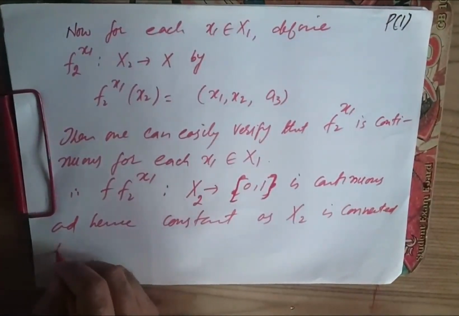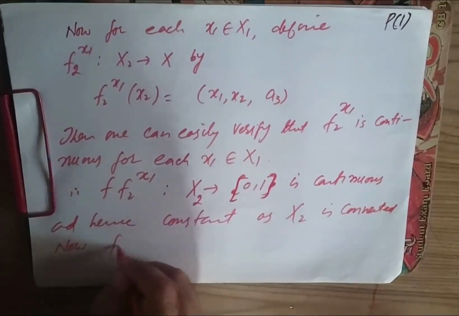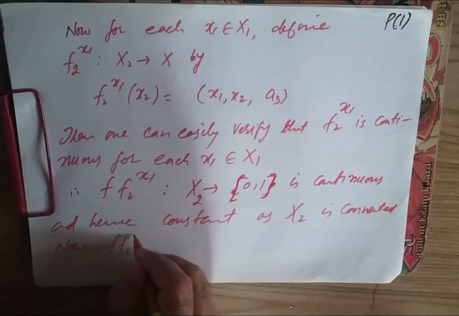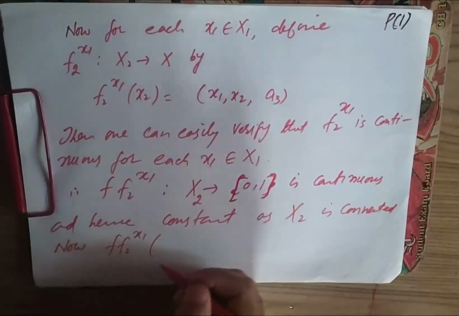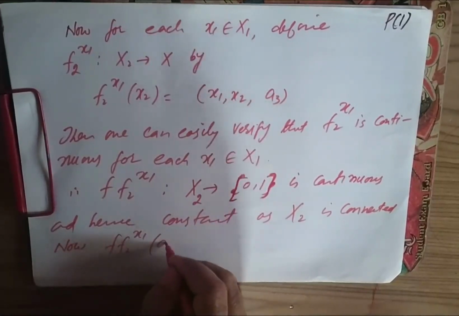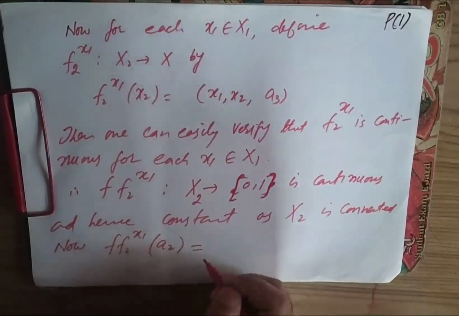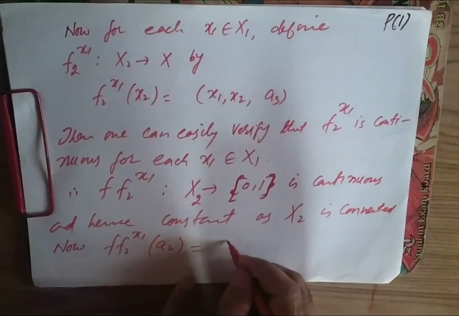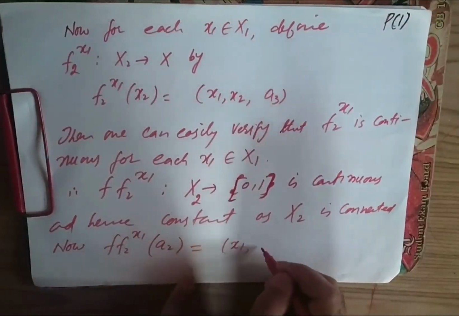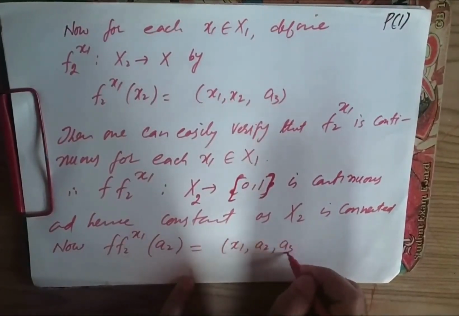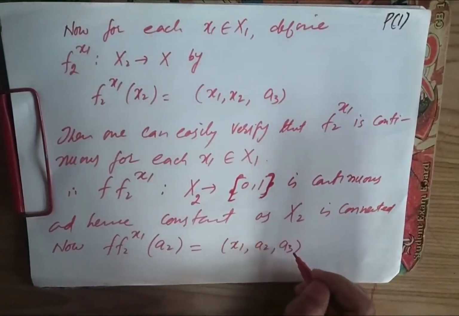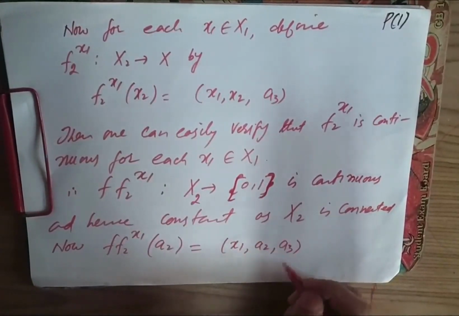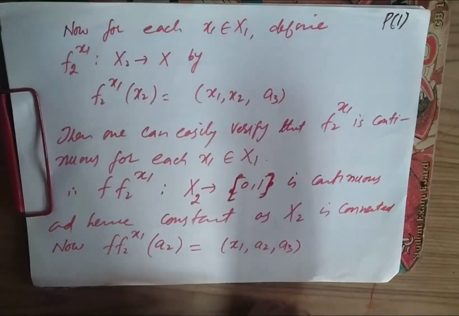Now to find the value of f∘f2 x1 at the point, say, a2. What's that value? That value is f of (x1, a2, a3) for each x1.